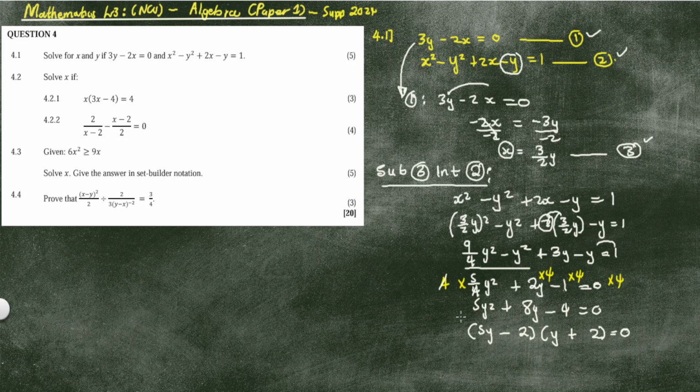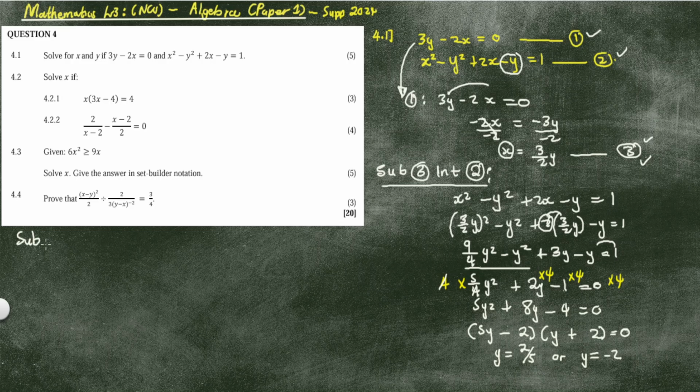Whether you use the quadratic equation or you complete the square, you should have the same answers as me, which is y equal to 2 over 5 or y equal to minus 2. So these are the solutions to this equation for the y values. Now let's get the x values, meaning I'm going to take the y values and substitute into equation 3.